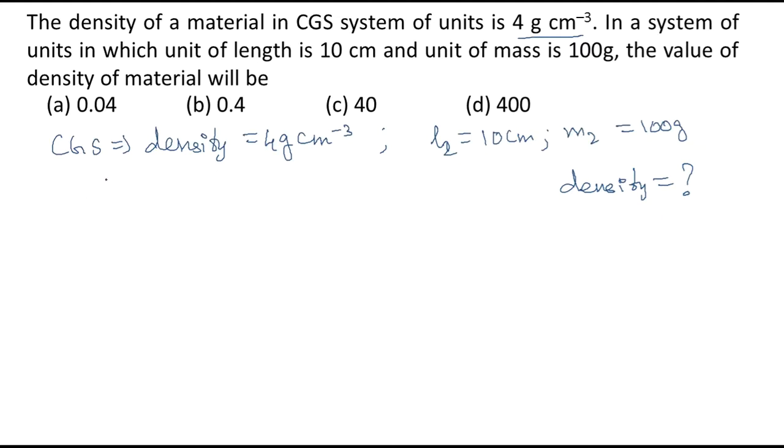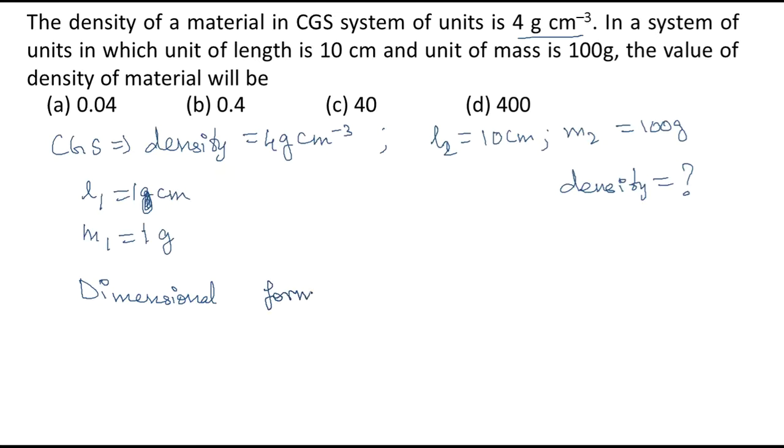So we know the CGS system of units: L1 is equal to 1 centimeter, M1 is equal to 1 gram, and T1 is 1 second. That won't be a problem in density because density is related to gram and centimeter, that is mass and length. So first we have to find the dimensional formula, because the dimensional formula is the same for all units.